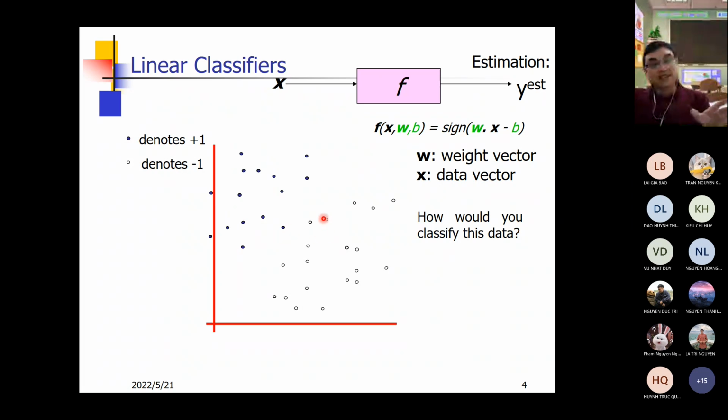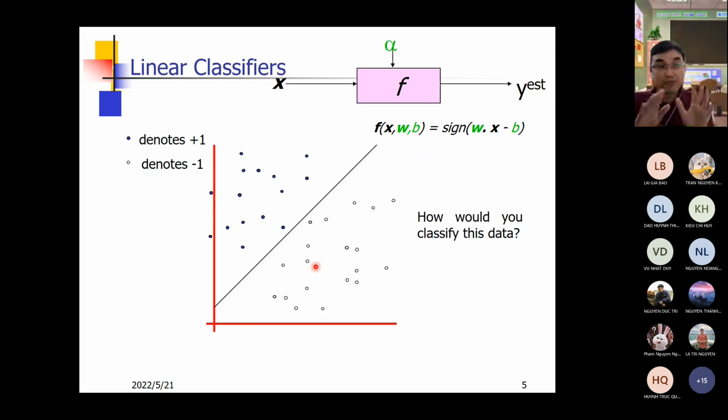Actually, this data is not quite a non-linear data set. For example, some class of -1 could be somewhere here, and it will be harder to classify this kind of data set than this one.